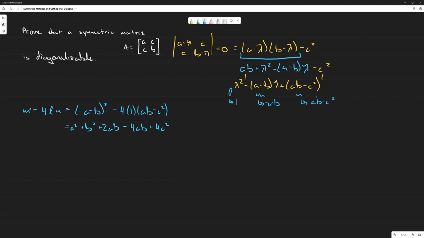Again, we're going to combine our like terms. We can combine the 2ab and the negative 4ab, and so we get a squared minus 2ab plus b squared plus 4c squared.